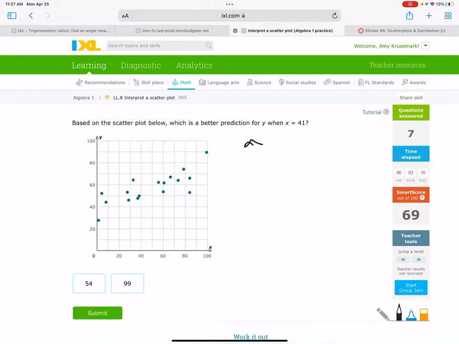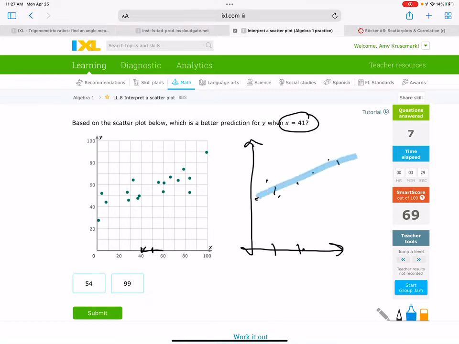Okay, one more like this. It says, what would be a better prediction for x equals 41? So we see here this is 40, and that's 50, so pretty close there. Right, so 41 would be there. And then what coordinate would make sense or be closest to our approximation? So our approximation should be somewhere here-ish. So I'm getting around the number 60 just by guessing, right?